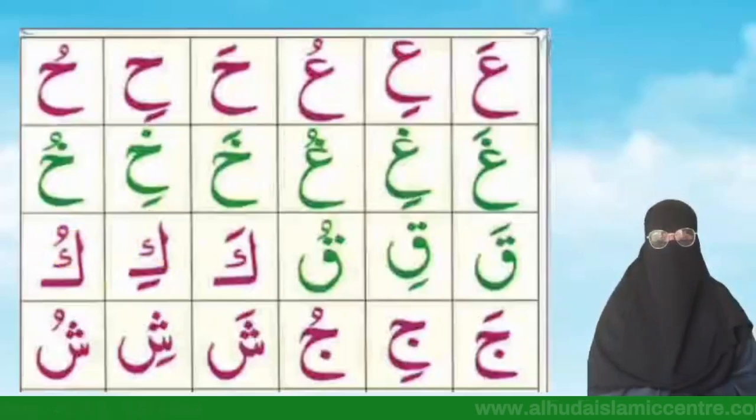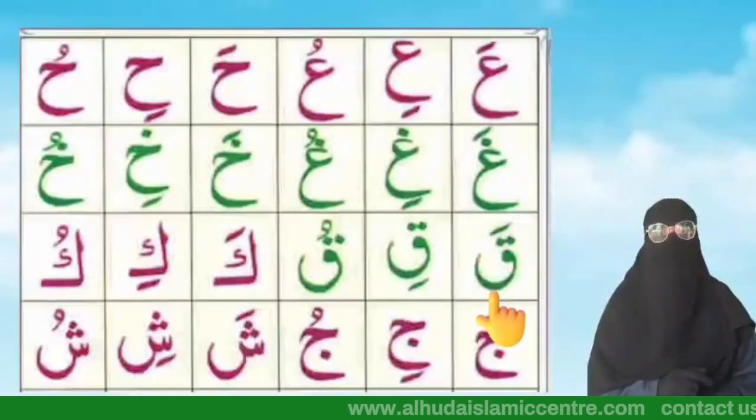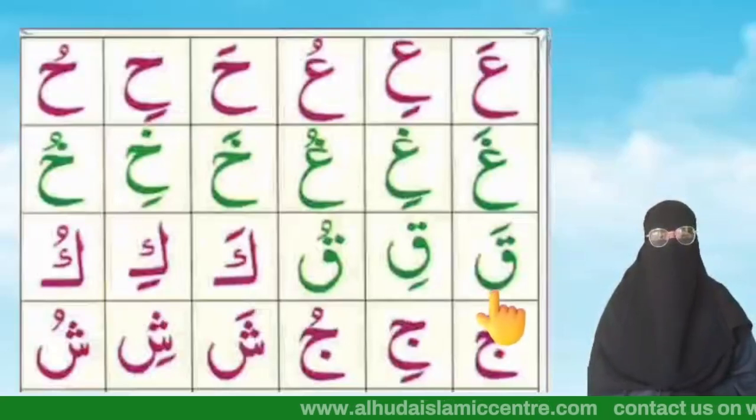That's it. Okay. Now the next one you can see with two dots above it, and this letter is said to be qaf with a heavy sound. We discussed its point of emission earlier. Now you have to focus on its sound with the movement. The first one, fatha, qaf, qa.